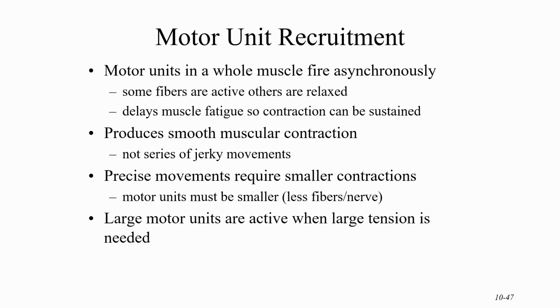And then large motor units are active when large tension is needed. So think of your fingers, for instance. Put your finger and thumb together and look at what kind of a tiny little movement you can make, as opposed to the large, grosser movements of your lower extremities.